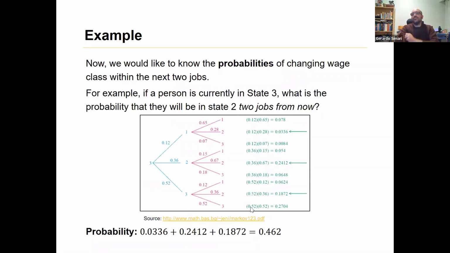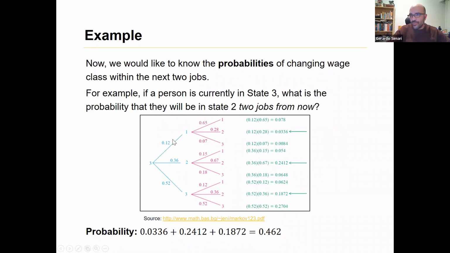So now we would like to know, for instance, a kind of query that you might ask of this model is, what's the probability of changing wage class within the next 2 jobs? So I want to know, in a couple of jobs, where will I be? What's the probability? So if a person is currently at a high paying job, state 3, what is the probability that they will be in state 2 in 2 jobs from now? So that'll be one step down.